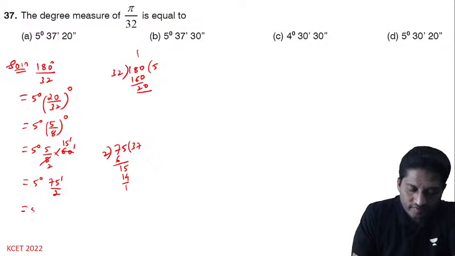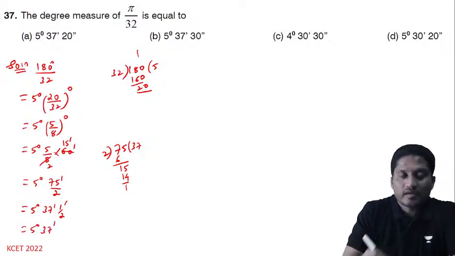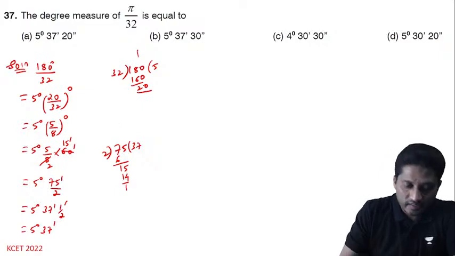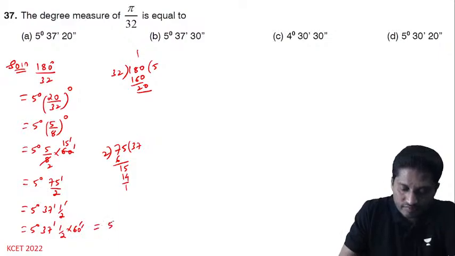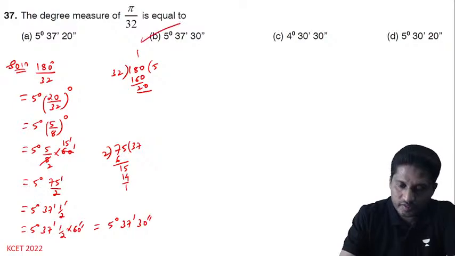So this is 5 degree, 37 minute and half a minute. Half minute is equal to 30 seconds, right? So you can write this as 1 by 2 into 60 seconds. So this is equal to 5 degrees, 37 minutes and 30 seconds. Okay, answer is option B.